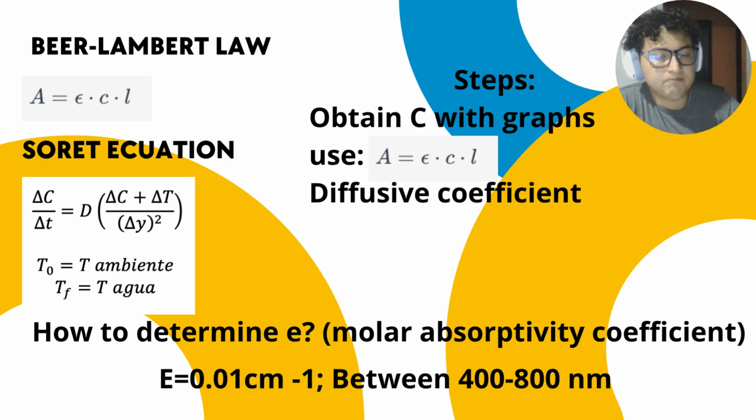Another important factor is the molar absorptivity coefficient, the epsilon term, in dimensions of centimeters minus 1, and this is a value of 0.01 in an interval between 400 to 800 nanometers found in literature.